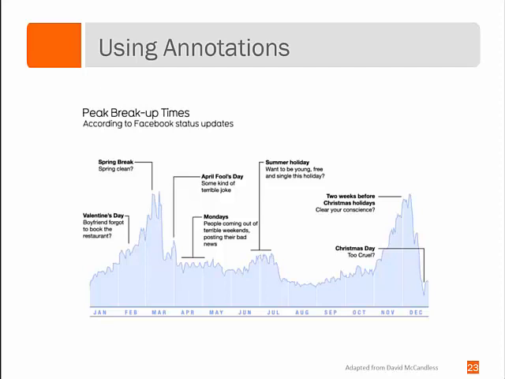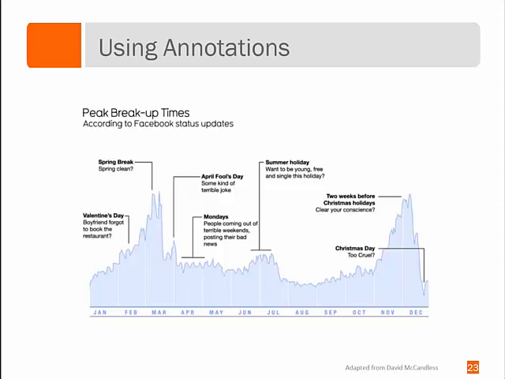This is adapted from a visualization and data set provided by David McCandless. And it's involving peak breakup times when couples, boyfriend and girlfriend dating, break up over a calendar year.